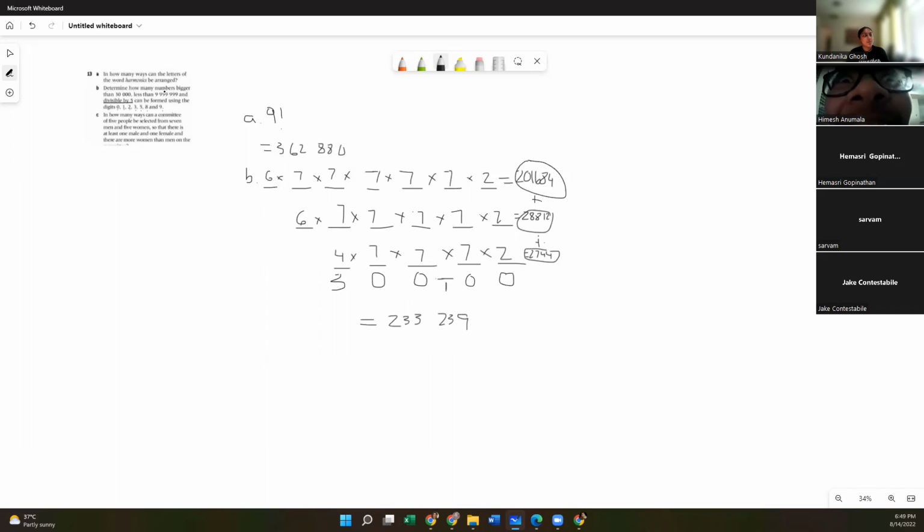However, it says to determine how many numbers bigger than 30,000, but it never states bigger than or equivalent to, or greater than or equal to, right? Which means that 30,000 cannot be part of the solution set that you get. So out of every single scenario that you can have, you have to subtract 1 scenario to account for the 30,000 that you're going to end up getting.